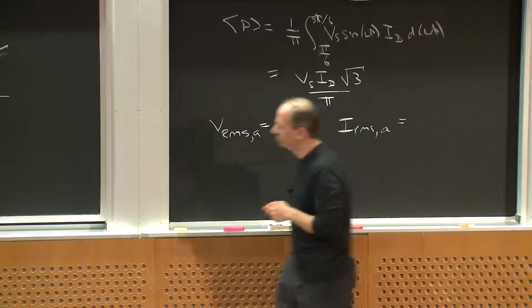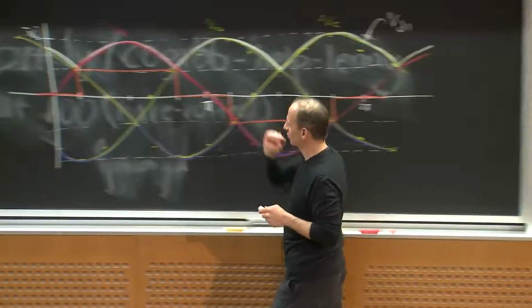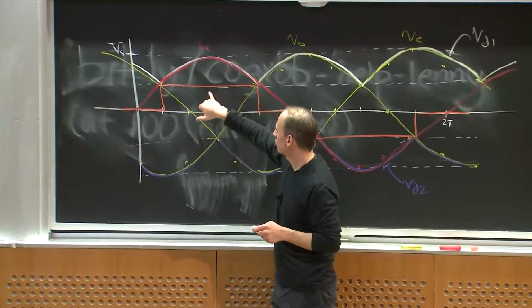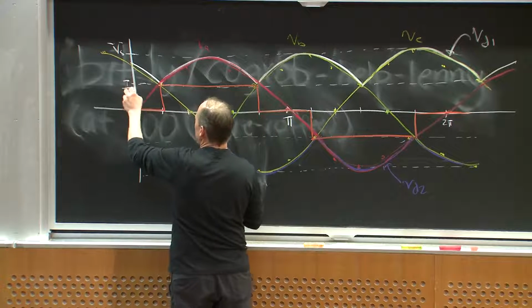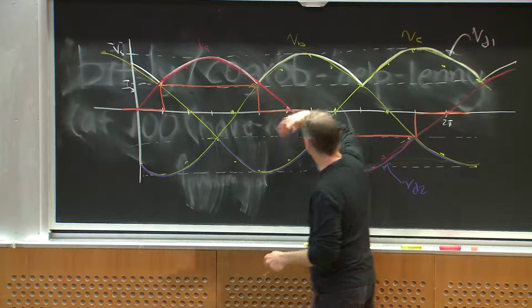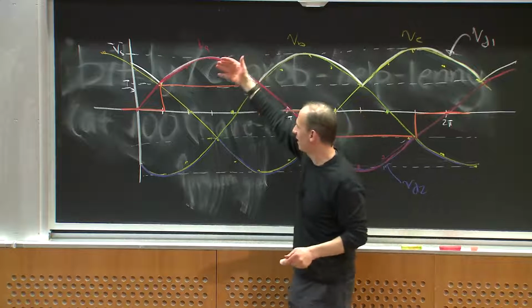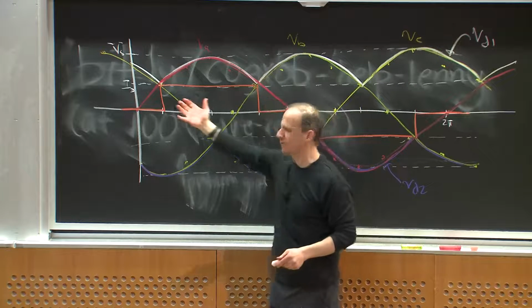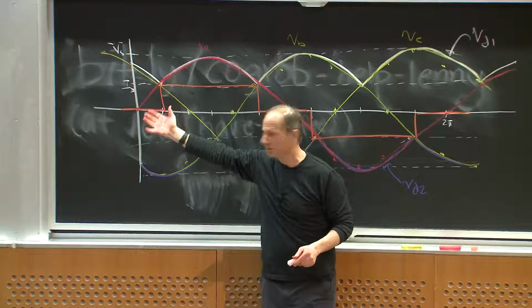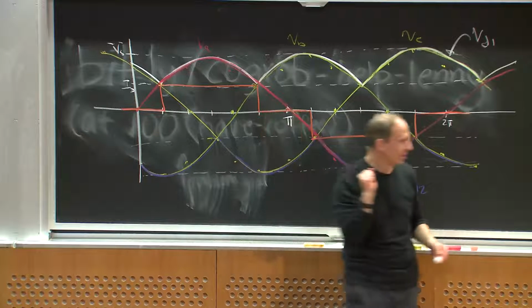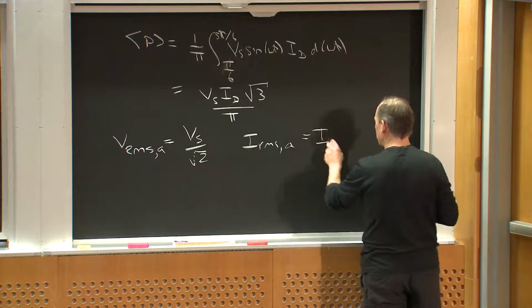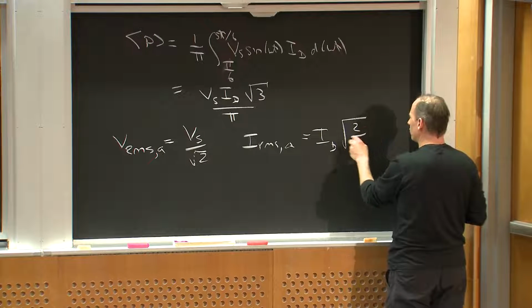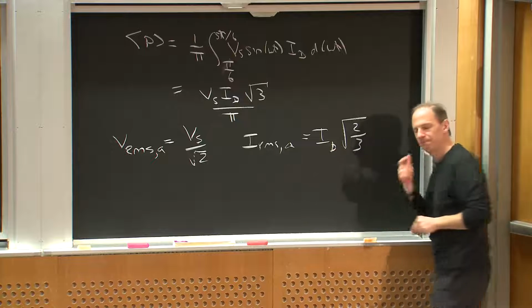Well, it's the square root of the average of the square of this thing. So if I squared the pink waveform, and this amplitude here is ID, I would have ID squared, and then it's at ID squared for 2/3 of the time, 4/6 of the time. So this would just be equal to ID times the square root of 2 over 3, if you just take the RMS.